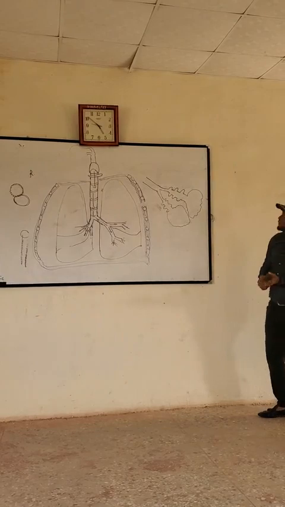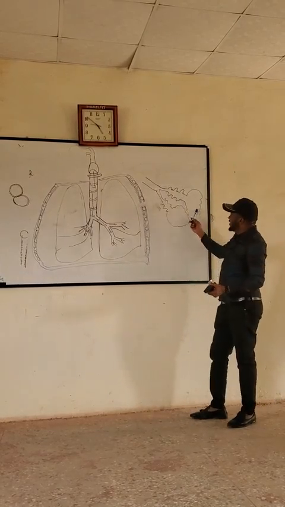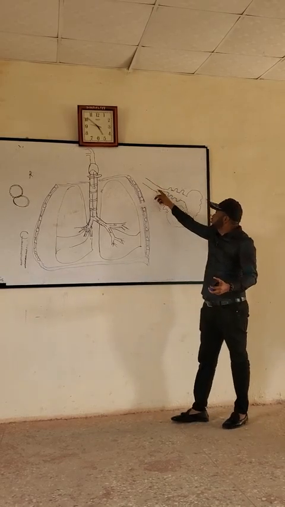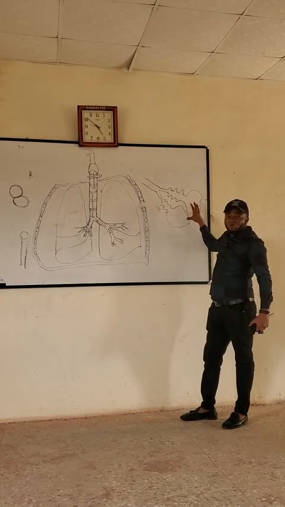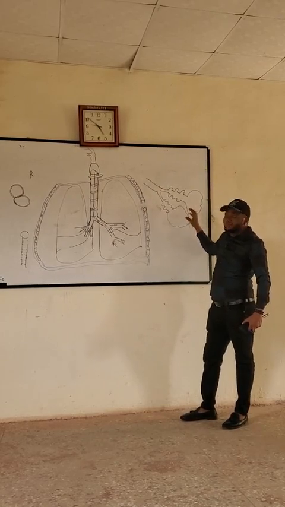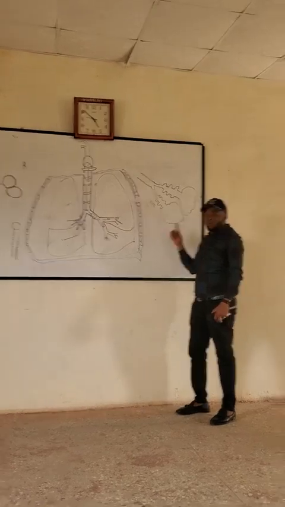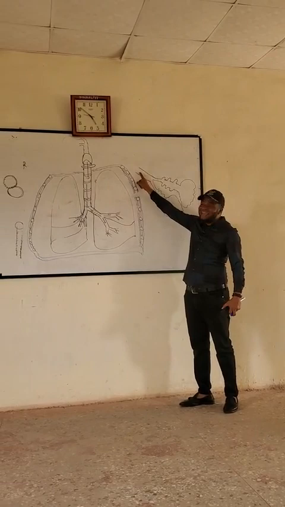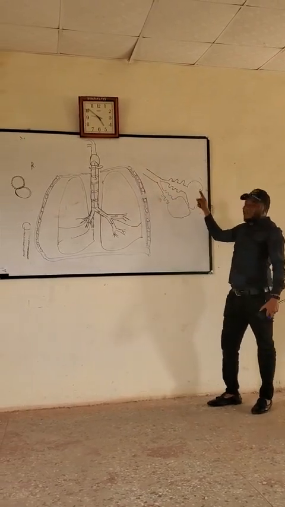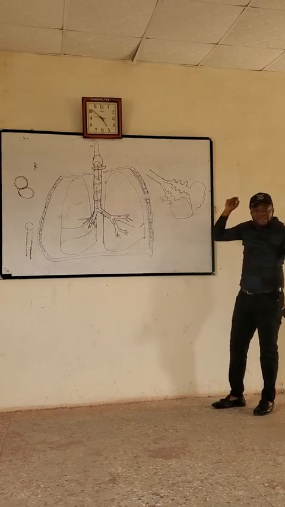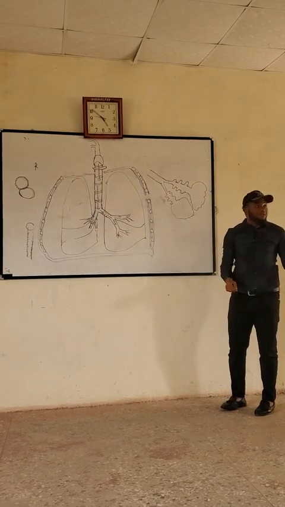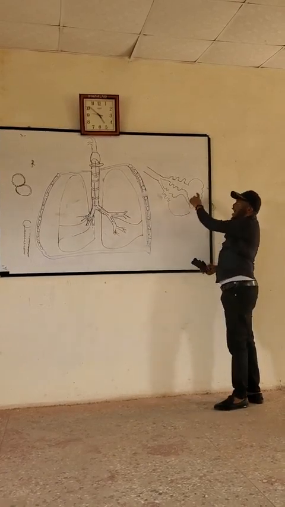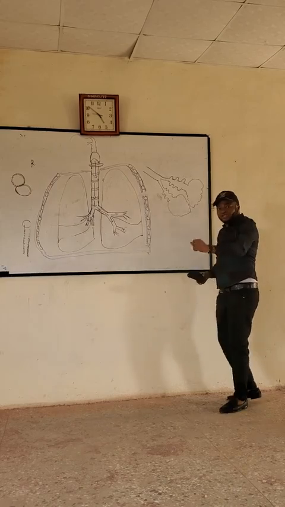Okay, now what you are seeing here is the journey of oxygen from the bronchi into the alveoli. I repeat again, what I'm showing to you now is the journey of bronchi to alveoli for gaseous exchange.